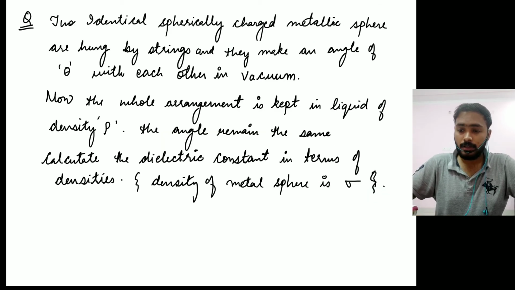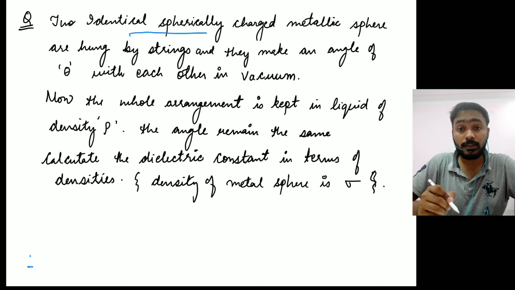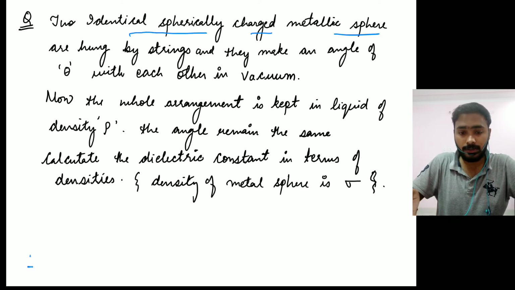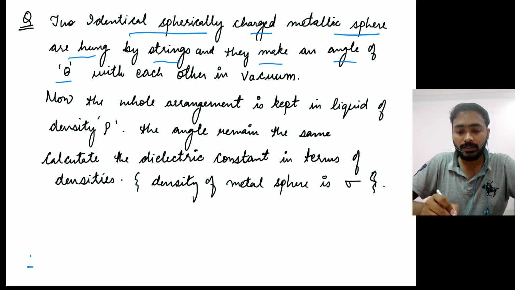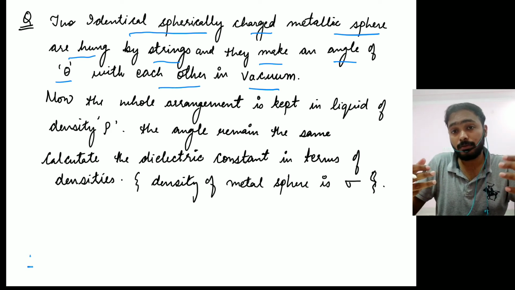Second question. The second question says that we have two identical spherically charged metallic spheres. They are hung by strings and they make an angle of theta with each other in vacuum, right? So basically we're talking about mediums here.